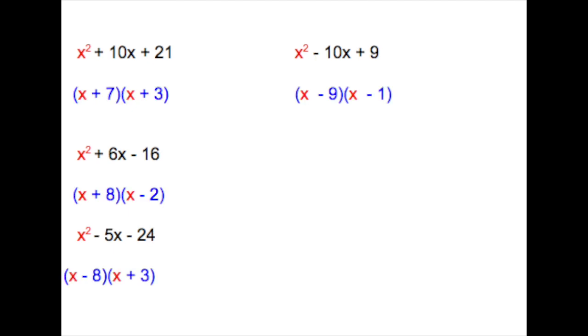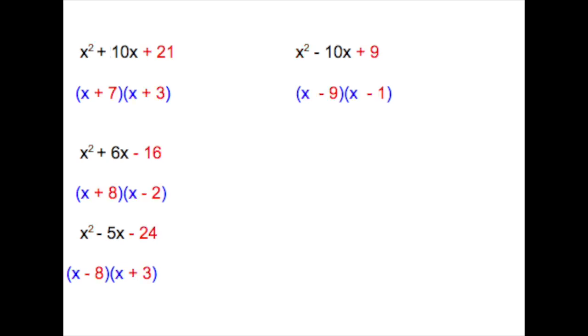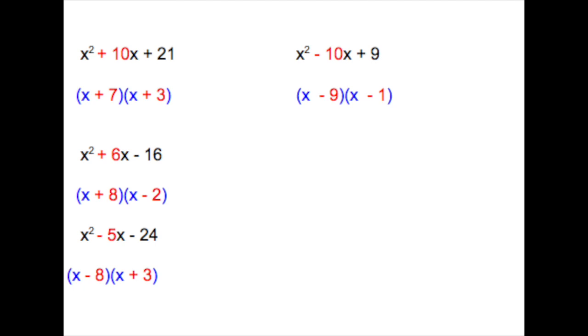Because of this, in each example, the first term of each factor is x, as shown in red. Now shown in red, the second term of each factor had to multiply to get the c value, or the final number in the quadratic expression. And the second term in each factor must add to get our b value, which is now highlighted in red.